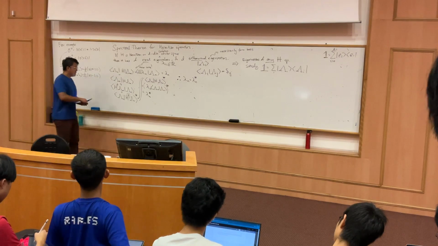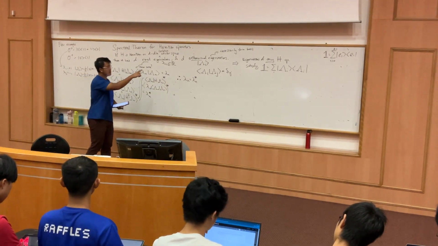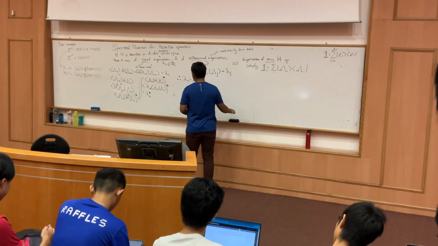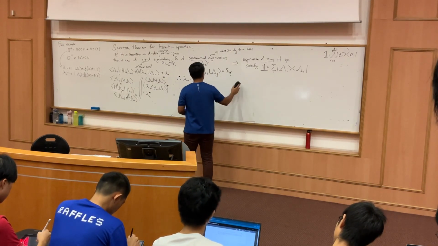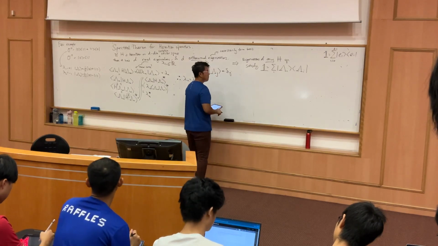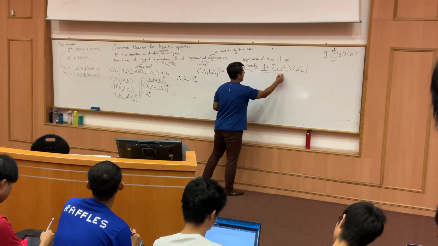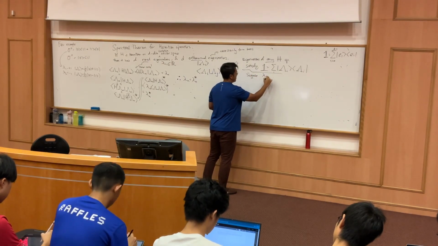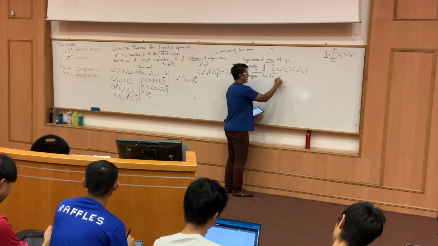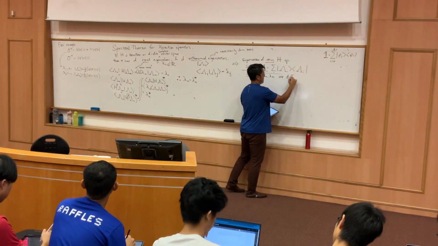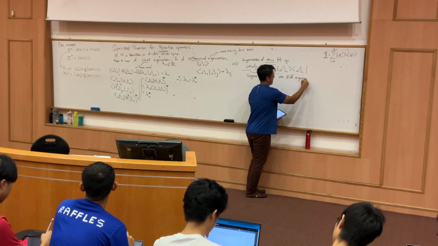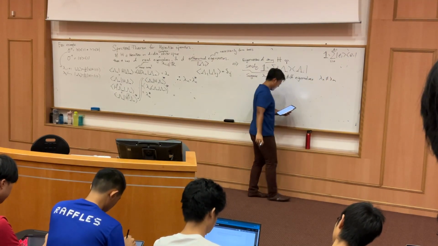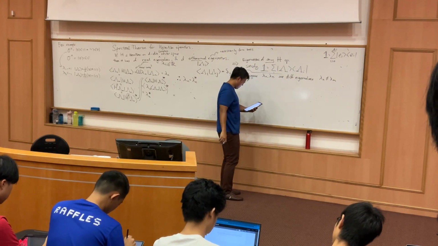Now, let's quickly show the second property, that we can choose it to be orthonormal. I will not show it in full generality, but we can show it for a restricted class. So suppose that lambda n and lambda m are different eigenvalues, so lambda n not equal to lambda m.